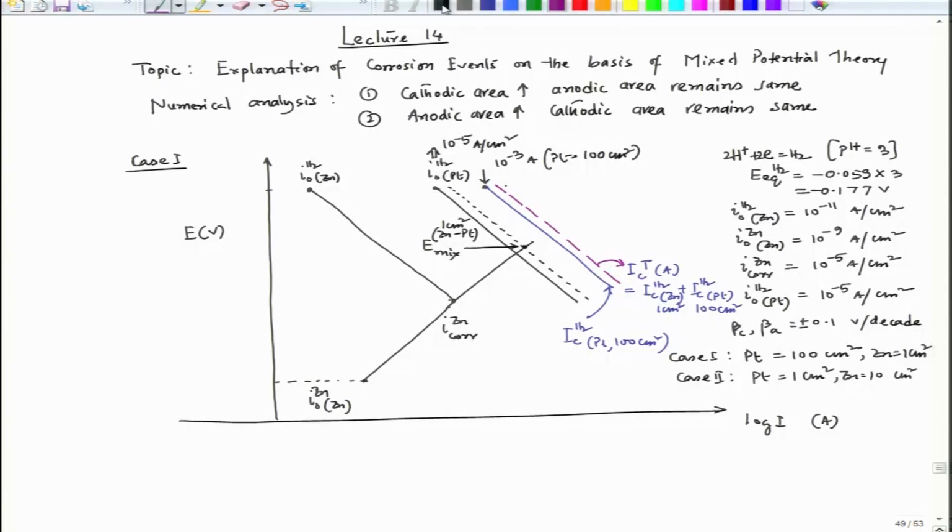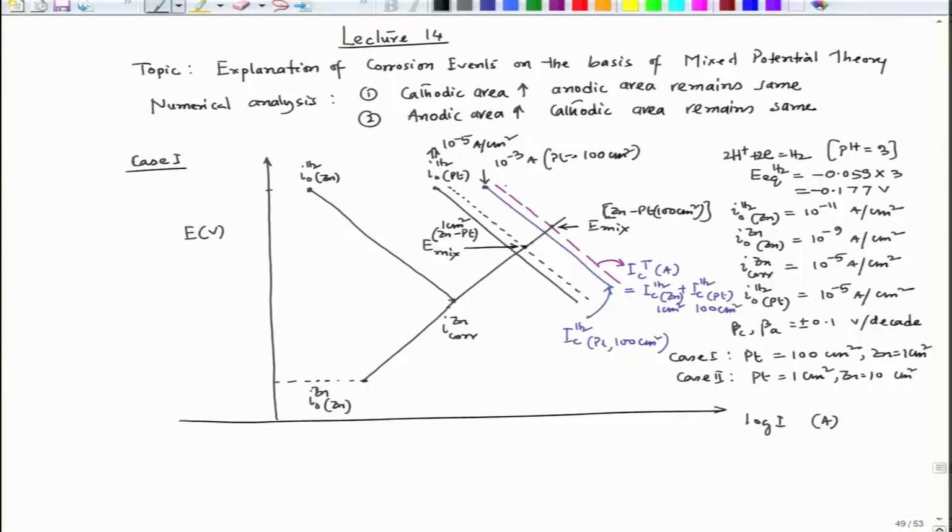Now, if we extend this, it will cut here, and this becomes my E mix for zinc and platinum of 100 centimeter square, and zinc we are not changing.